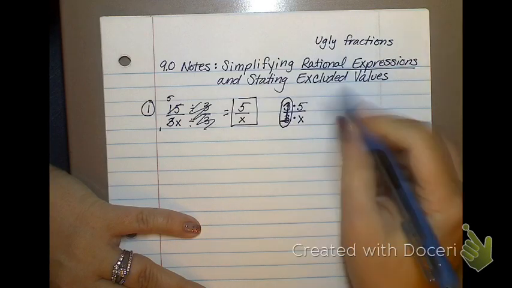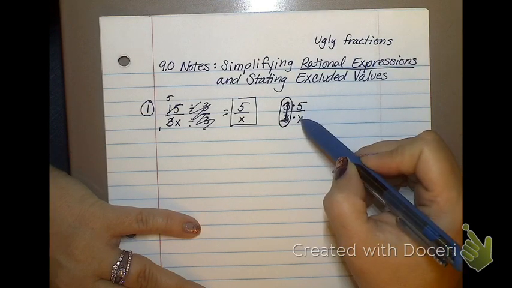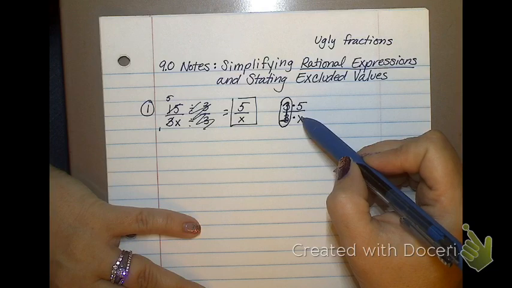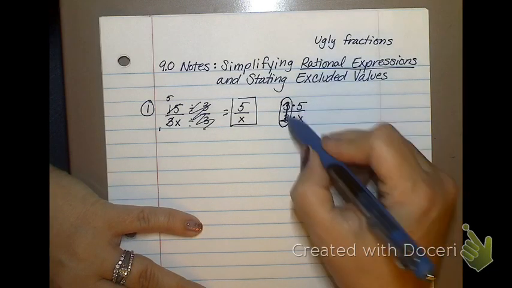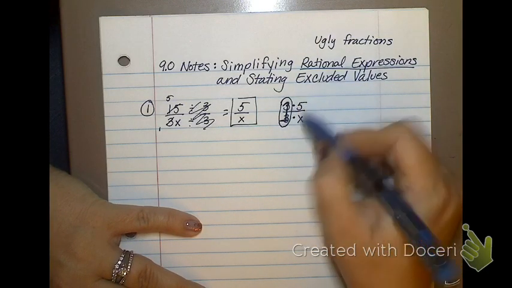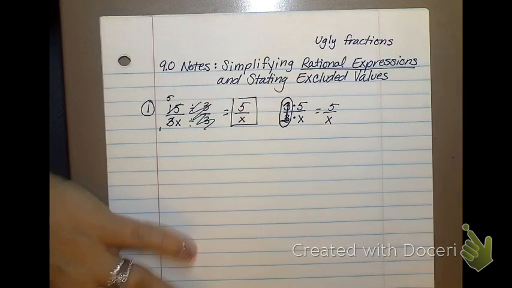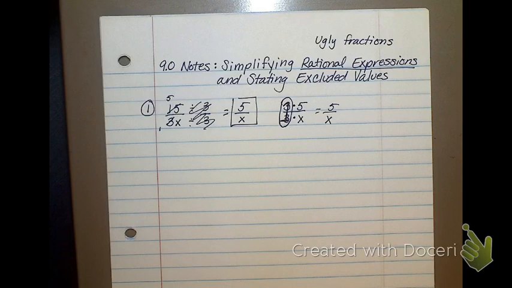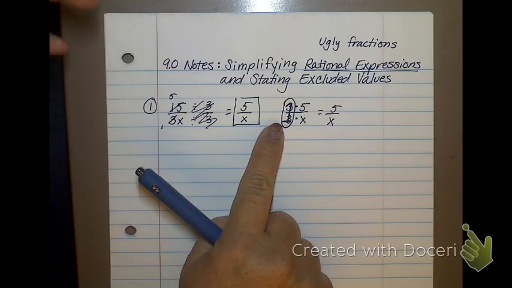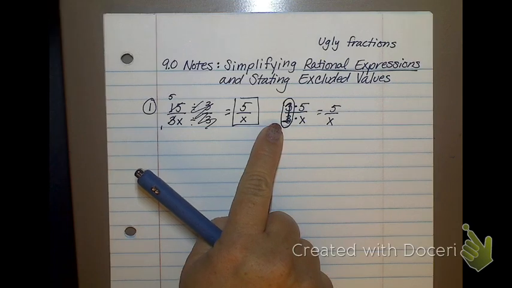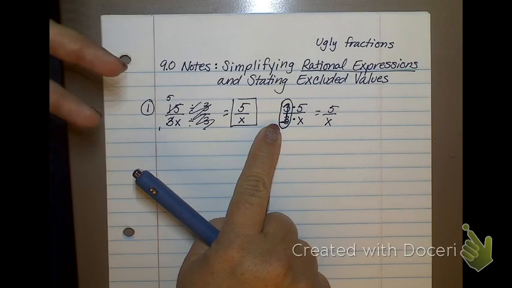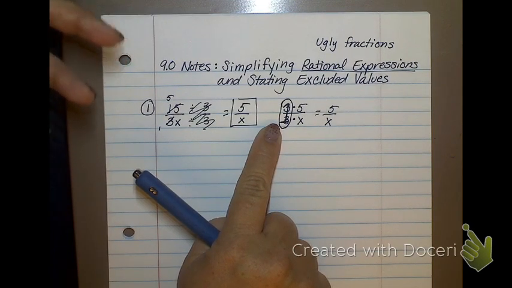What is 1 times anything? 1. No, 1 times anything is itself, right? So 1 times 5 over x is, guess what? 5 over x. So when we are, quote unquote, canceling something, we're canceling it because it equals 1, so it can drop out of the problem because it doesn't affect it. Does that make sense? That's what canceling is.